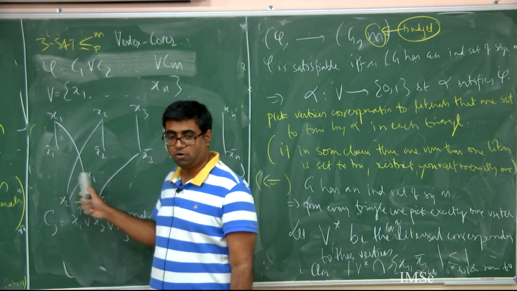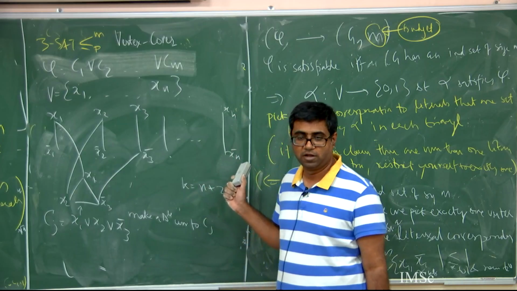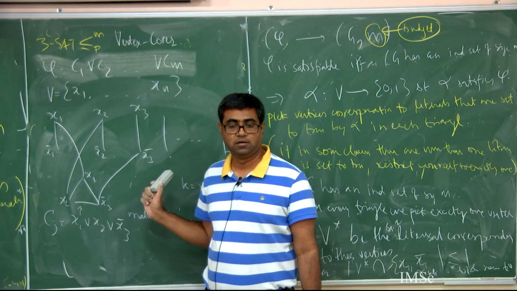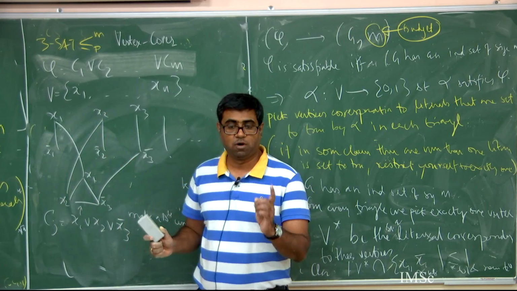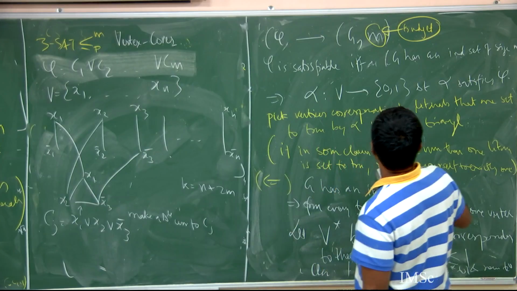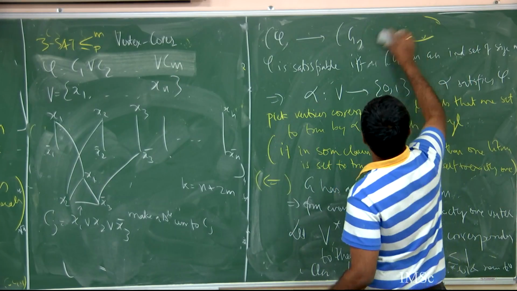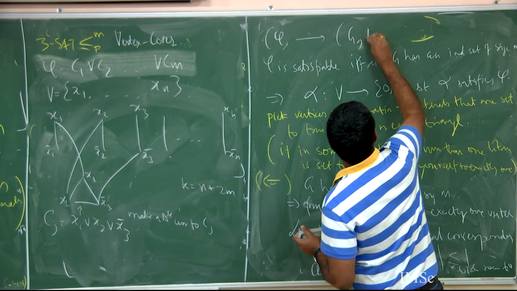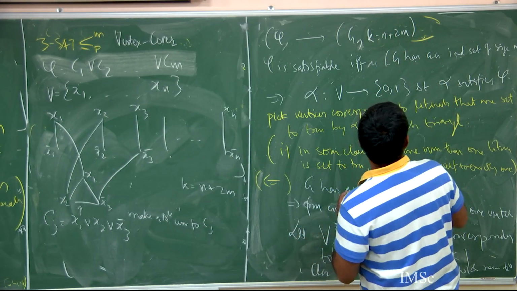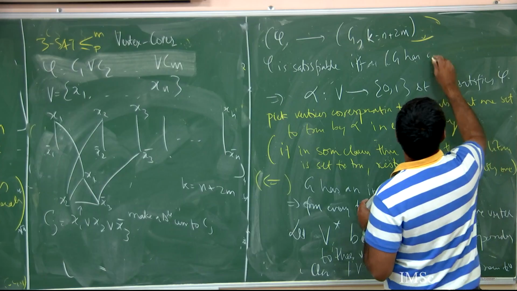You cannot be picking all the three from one, then you don't have a budget for the rest, because locally everybody needs two in the triangle and every matching needs one. And what is your budget? N plus 2m. So what I would like to show is, with k being n plus 2m, that the formula is satisfiable if and only if G has a vertex cover of size at most k.